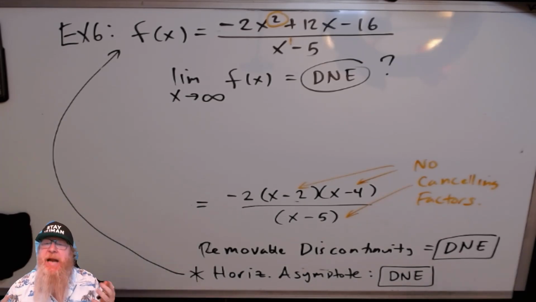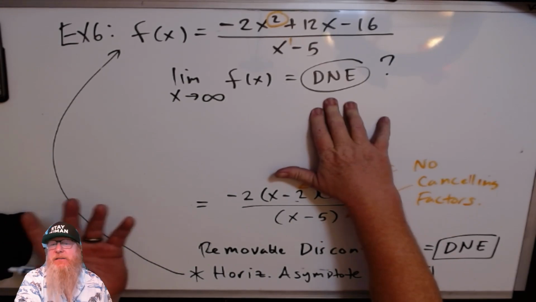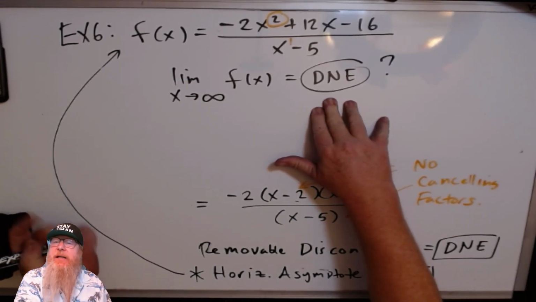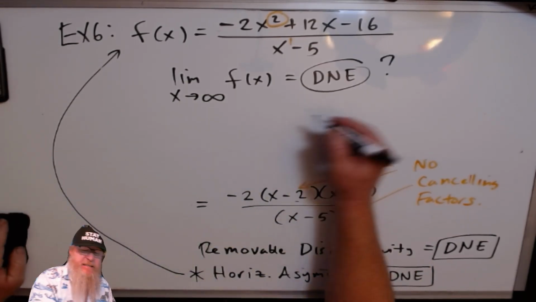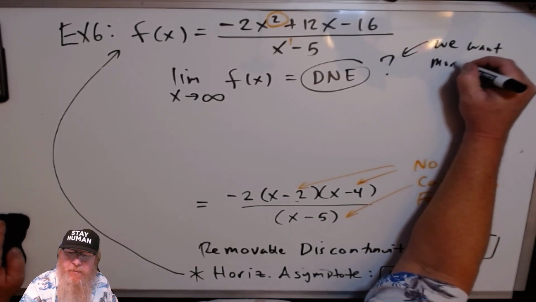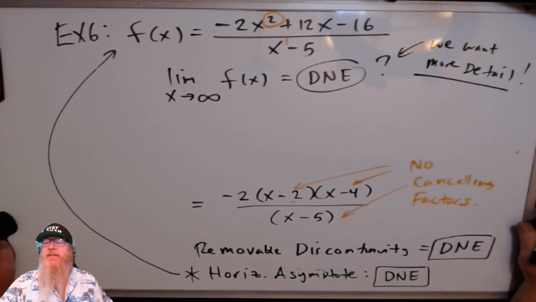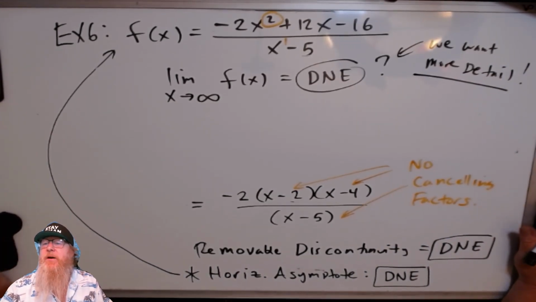I want to know the behavior. Telling me it doesn't exist is correct. I mean, it's true that it doesn't exist, but I want more detail than simply not existing.